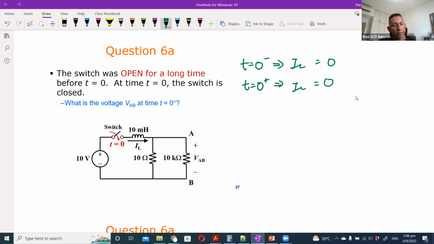Okay, and since the current is 0 at time t equals 0 plus, we can also say that the VAB at t equals 0 plus will also be equal to 0.